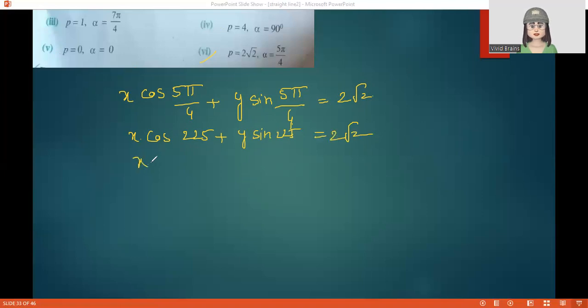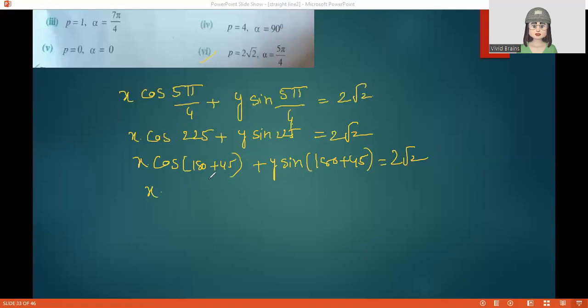What do we get? x cos (180 plus 45) plus y sin (180 plus 45) is equal to 2 root 2. Okay. x cos (180 plus theta) means minus cos theta, minus cos 45. Plus y sin (180 plus theta) is minus sin theta. Okay. Minus y sin 45. This is equal to 2 root 2.